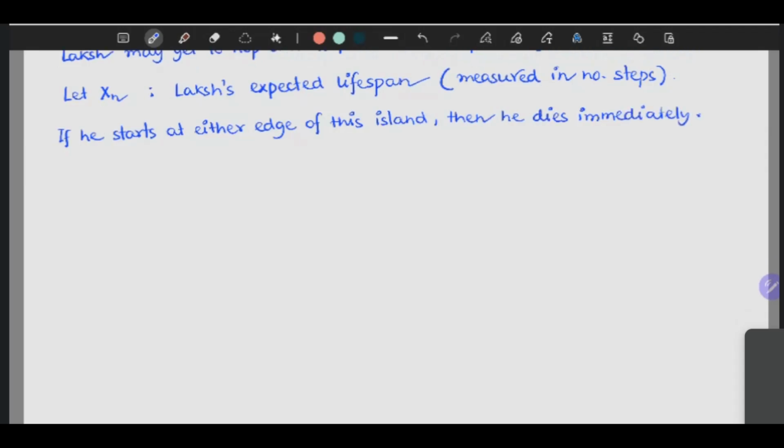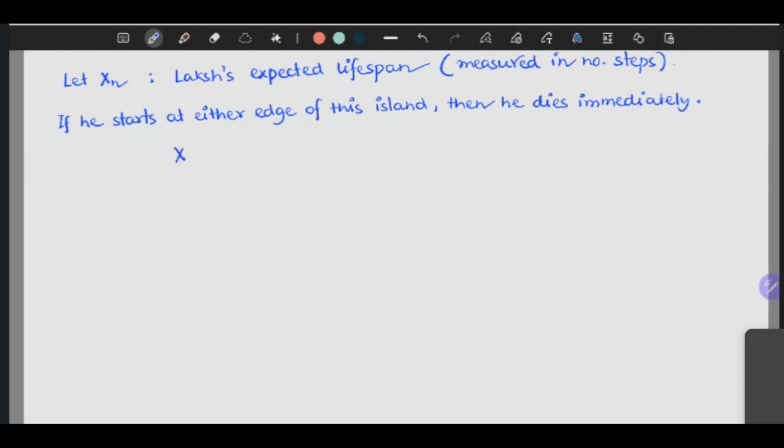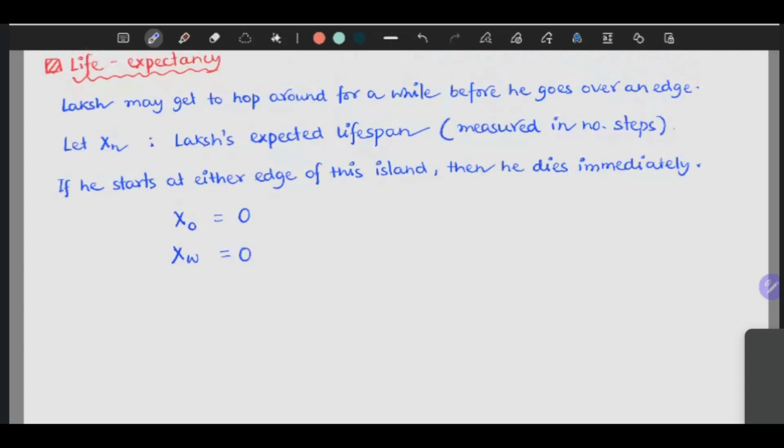That makes x0 equal to 0 and xw equal to 0. That means the lifespan if it starts from w and 0.